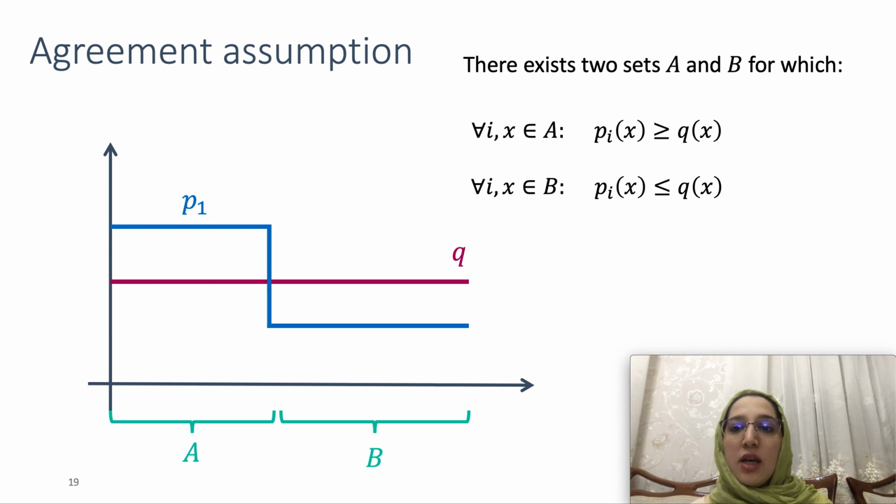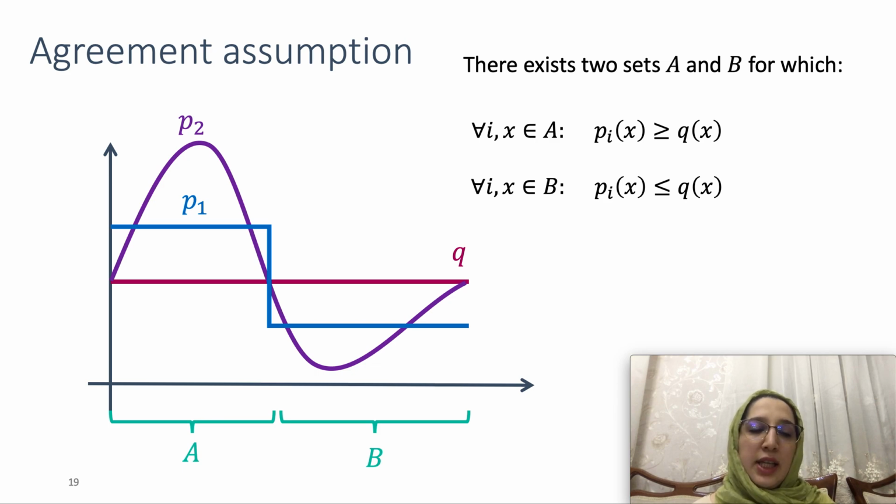And for B, the probability of Pi should be lower than what Q is assigning to them. So for example, here we can have P1 and P2, and as you see on A, the Pis are higher, and on B, the Pis are lower than Q.